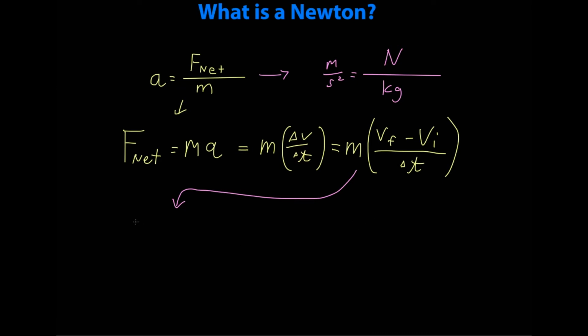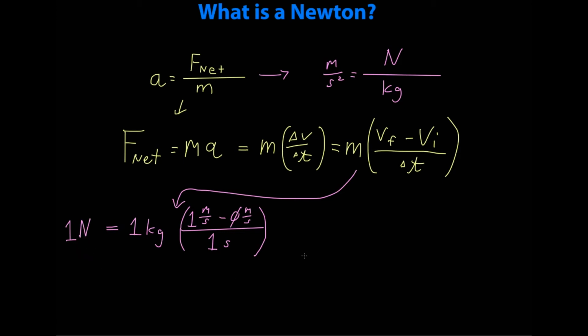So the idea was if we take a 1 kilogram object, like a physics card, and we accelerated it from rest, so Vi would be 0 meters per second, to a final velocity of 1 meter per second, and we did that in exactly 1 second, how much force would that take? And the consensus was, however much force that took, that would be 1 Newton.